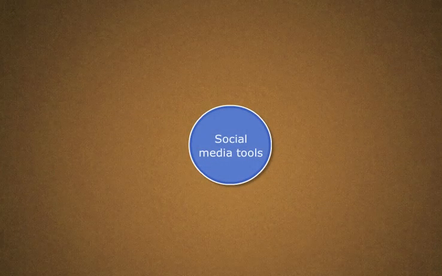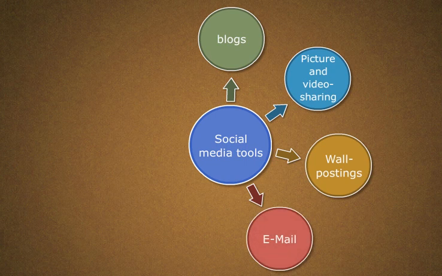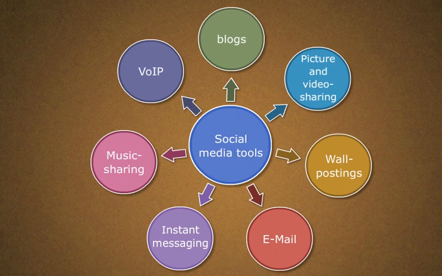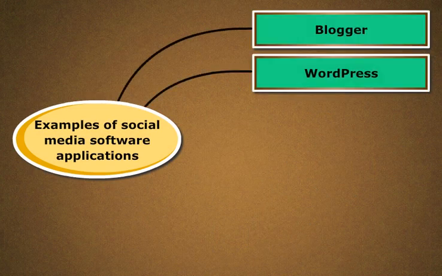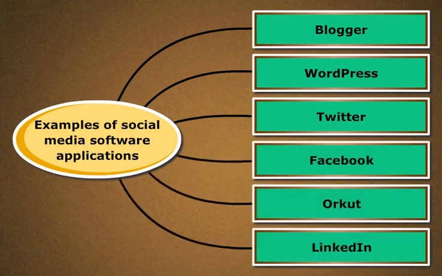Social media tools mainly include blogs, picture and video sharing, wall postings, email, instant messaging, music sharing, and Voice over Internet Protocol or VoIP, like Skype, Google Talk, and MSN Messenger. Blogger, WordPress, Twitter, Facebook, Orkut, and LinkedIn are some examples of social media software applications.